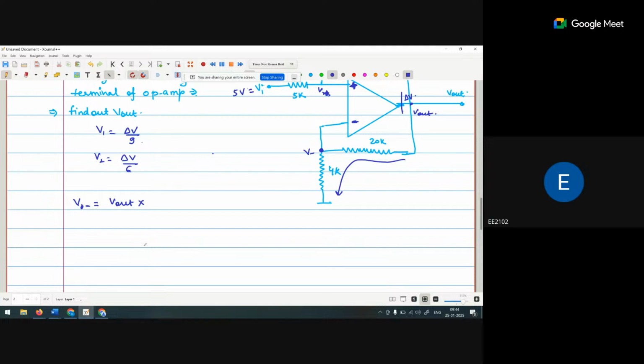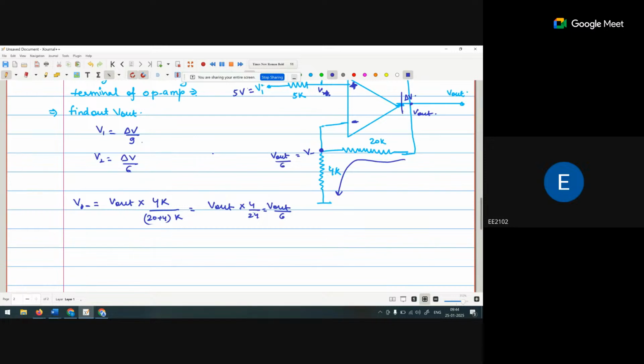So V out multiplied with 4K divided by 20 plus 4K. So that is V out into 4 by 24, which is V out by 6. So the V negative is nothing but V out by 6.